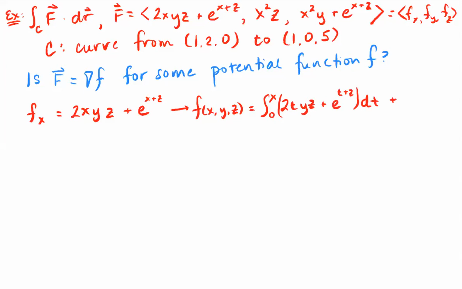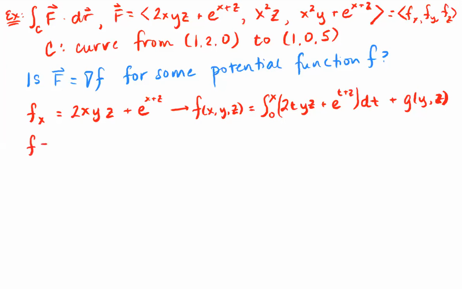What else could be in the function? I'll say it's g, some function that includes y's and z's, g of y, z. Because if you have a function that includes y's and z's, when you take the derivative with respect to x, that becomes 0. Now I'm going to integrate that.